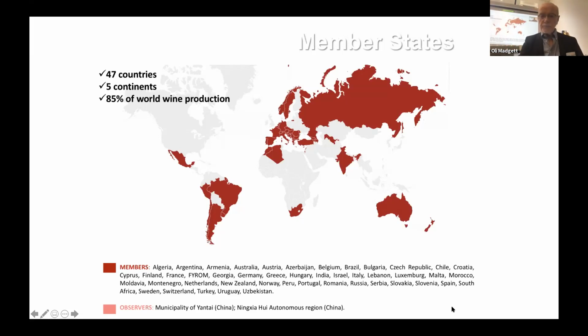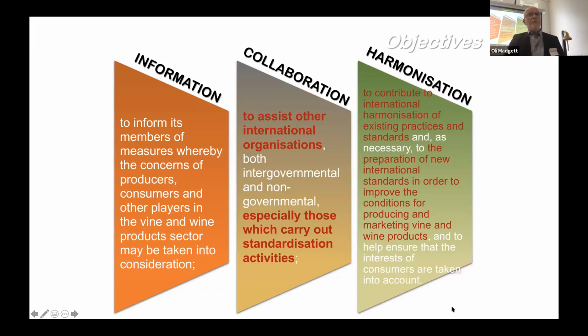So the role of the OIV was and remains pretty much the same as it was back at the start, although in the early days it was very much protecting members' interests. It's now extended rather more to be very considerate of the consumer and the world's sort of health and environmental issues that are out there.